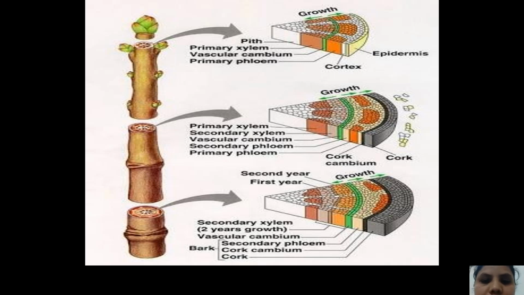So a little bit of growth has happened. Now, after many years of secondary growth, we can see that the epidermis has been removed and the periderm is formed, and a bark is formed, periderm with 3 layers: cork, cork cambium, and secondary cortex, as well as secondary phloem.